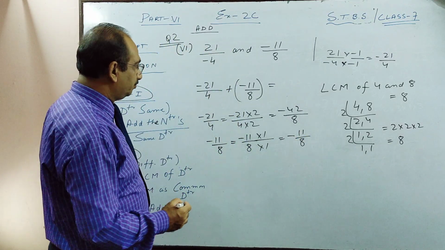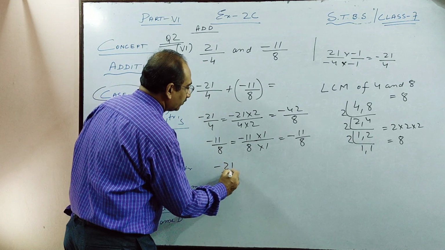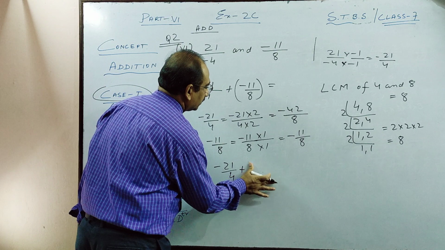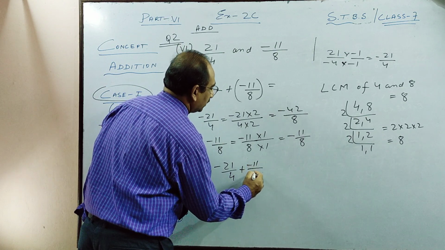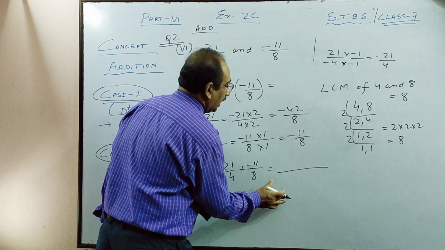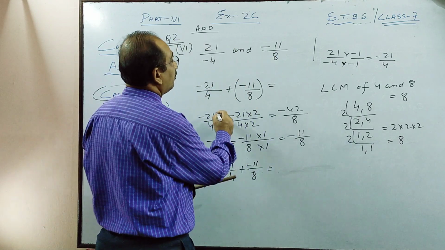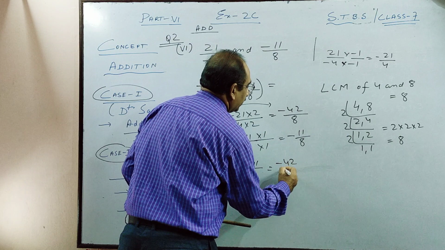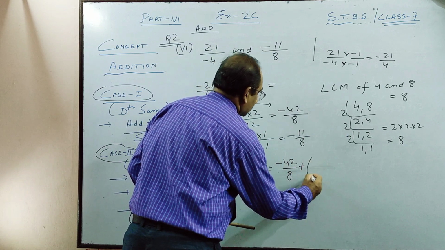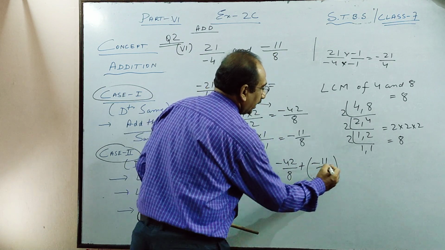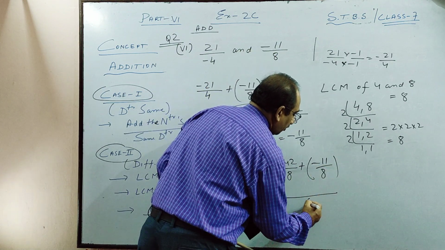So what we do here? Minus 21 by 4 minus 11 by 8. We write minus 21 by 4 as minus 42 by 8 plus minus 11 by 8. So what do we get? Take the common denominator.